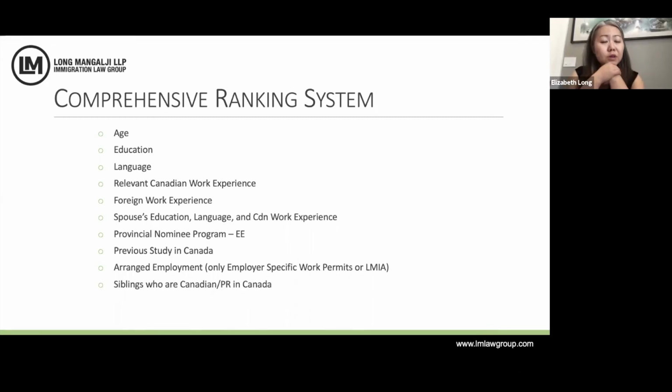If you have siblings who are Canadian or permanent residents in Canada, you get 15 points for that. Ability to speak fluent French is quite important, if you can do that. Now, some people, you have zero French and you say, well, I'm going to go study French.